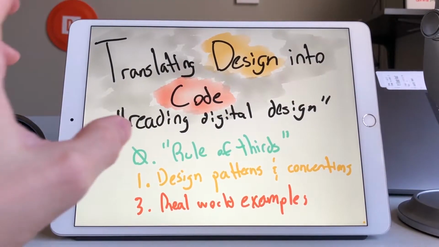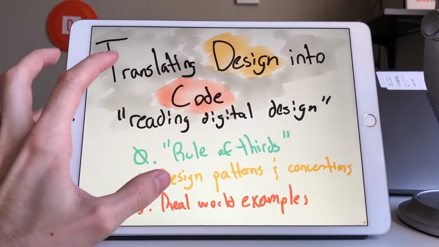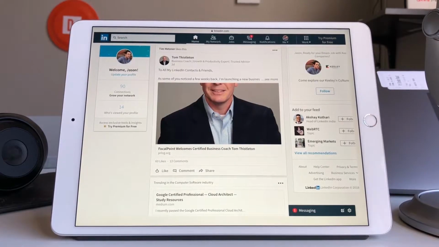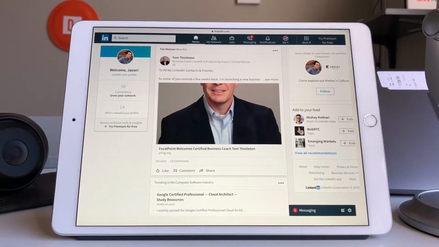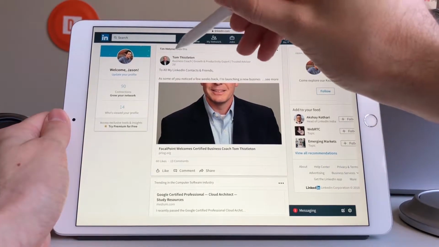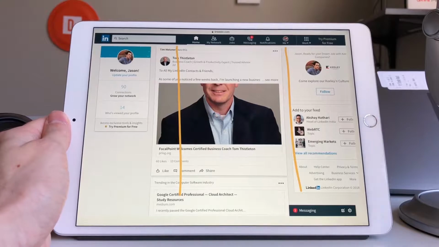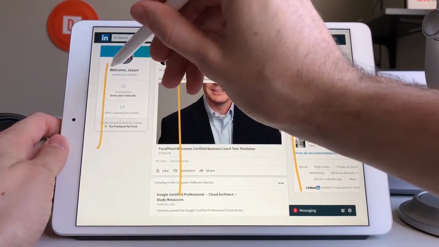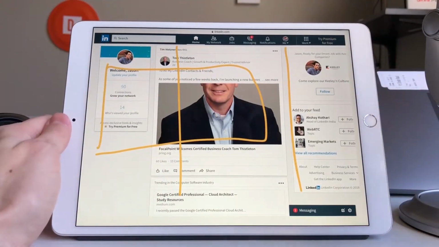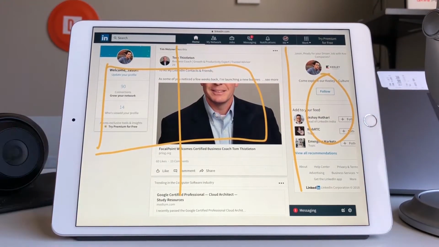We're going to start with the rule of thirds. Here's the dashboard when I log into LinkedIn. There's an interesting thing happening here. One, two, three. We have two thirds of the page over here and one third of the page here. This is a very common layout grid system.